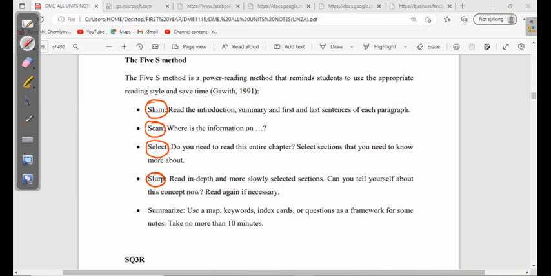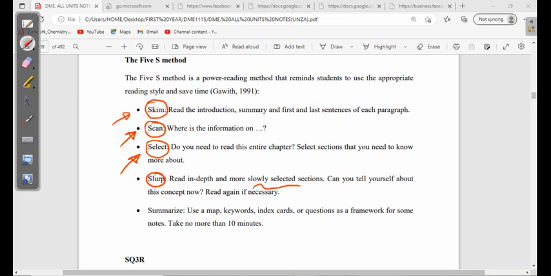Now the slap is where you read in depth and more slowly the selected section, so you can tell yourself about this concept. Read again if necessary. So you first skim if you want to gain interest, and then you find out the information on what you want. If you find it, then select what you want to find out on.